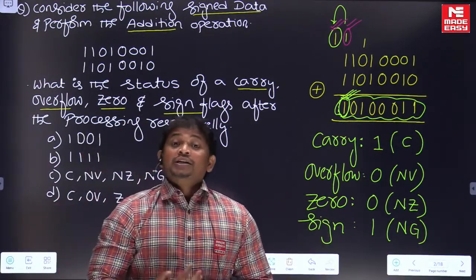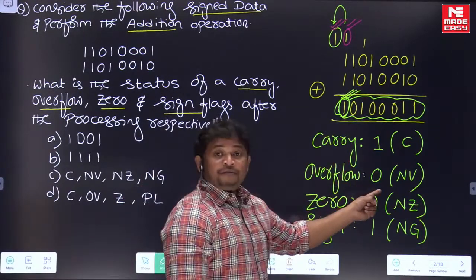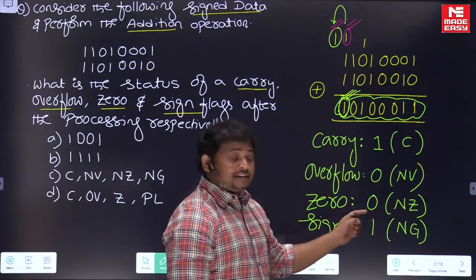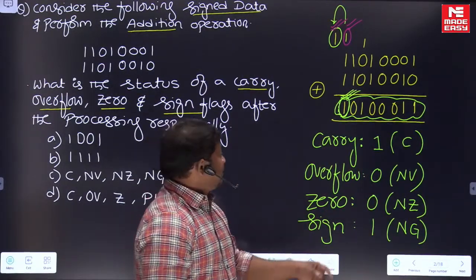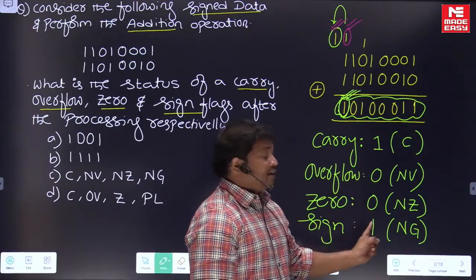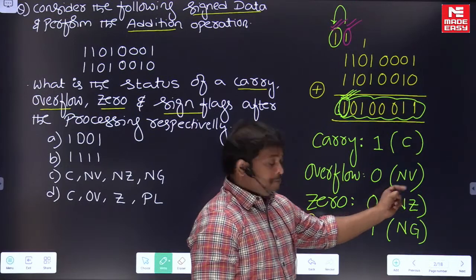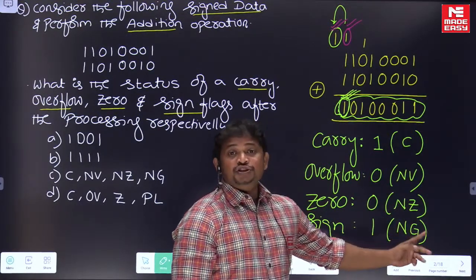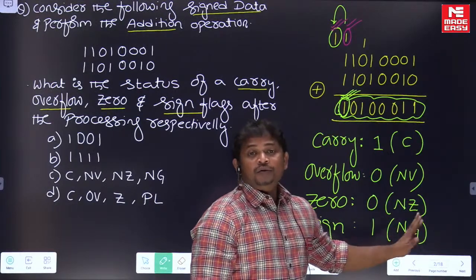Okay, students? So after the data processing, the carry flag is set, overflow flag is reset, zero flag is reset, and sign flag is set. So the binary representation is 1001. The character representation is C, NV, NZ, NG. Carry, no overflow, non-zero, negative logic.